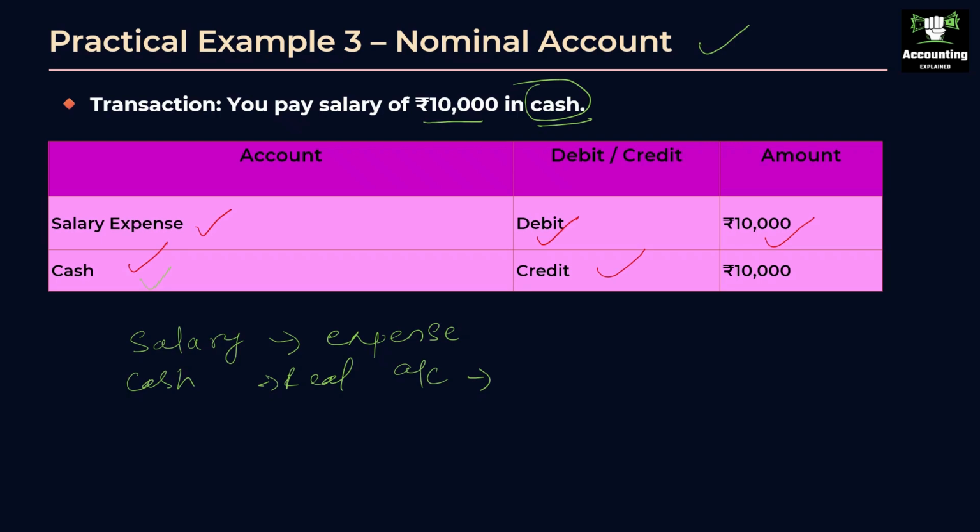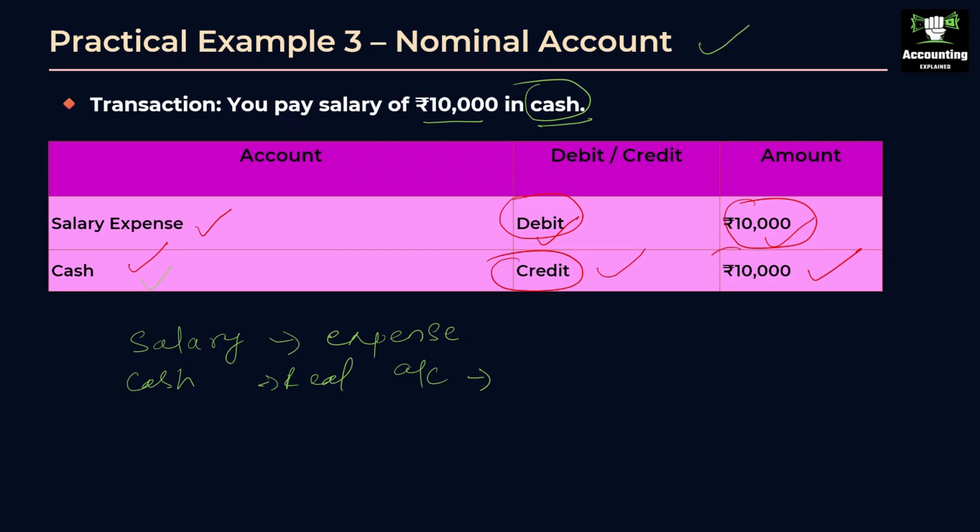In this way, you have to analyze each and every transaction with the golden rules of accounting, and you have to see whether the particular account has to be debited or credited. One thing, if you see here, when we debit an account with one amount, we will parallelly credit another account with the same amount.